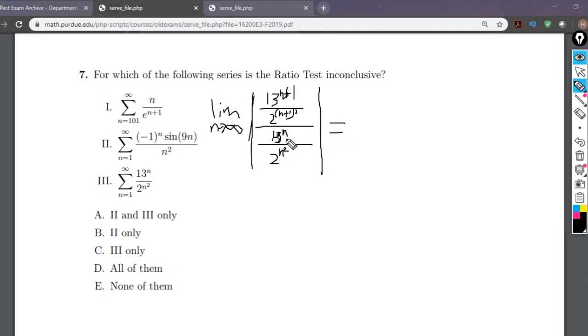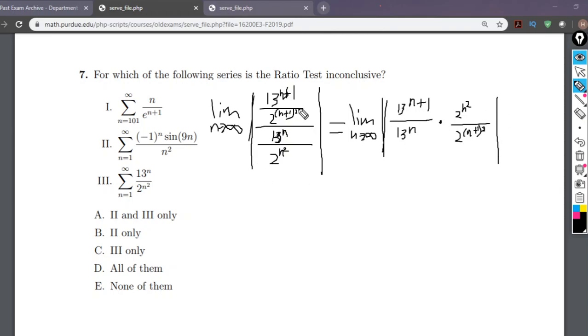Right, so again, try to rearrange these. So then we have 13 to the n plus 1 on top here, divided by 13 to the nth times 2 to the n plus 1 squared, and on top should be 2 to the n squared.